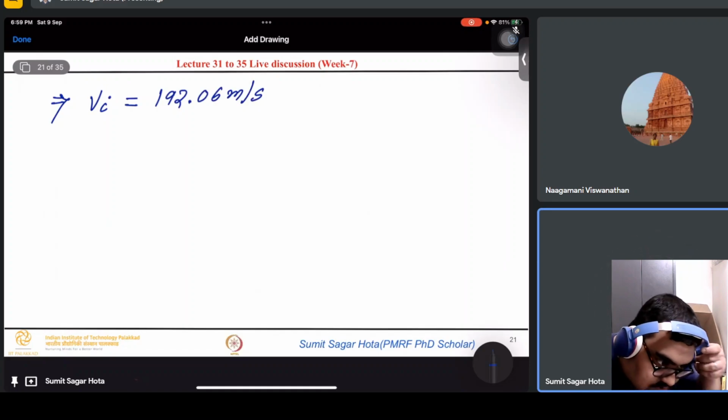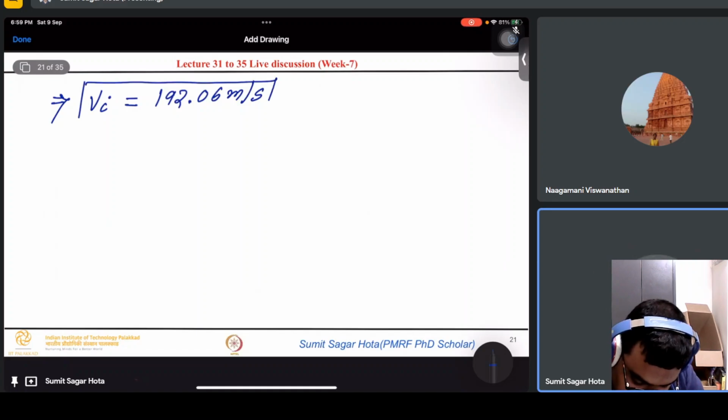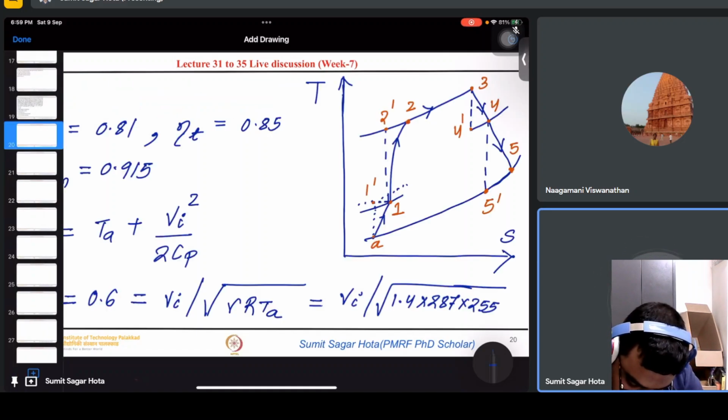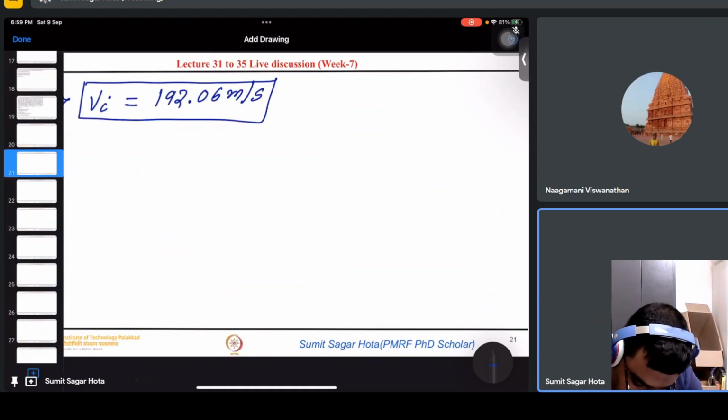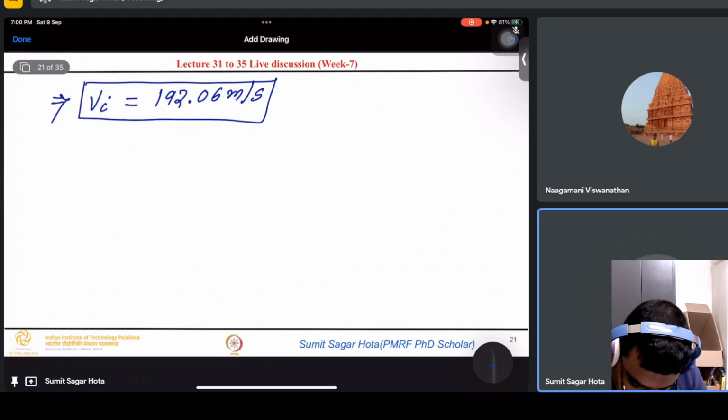Why did I calculate this VI? Now you understand, because in the previous formula of T1 dash, TA is given, CP is also given, only VI is not given. So now you can substitute in this and find out T1 dash.